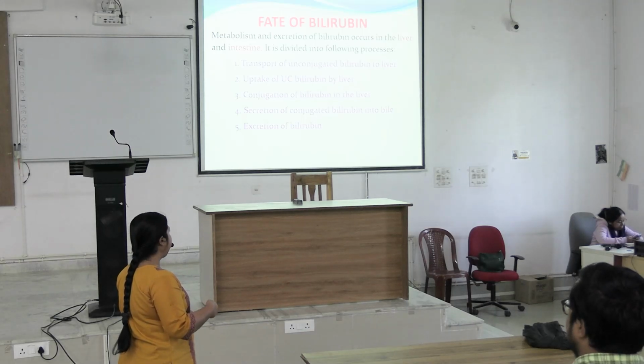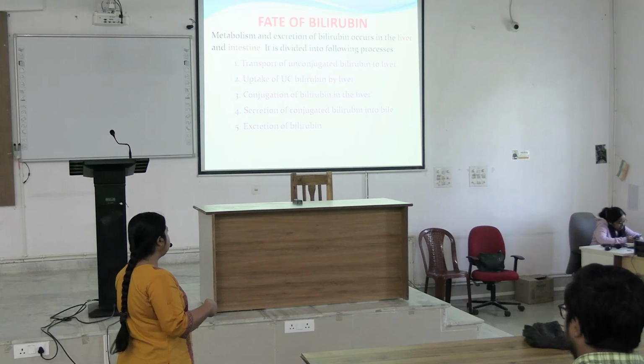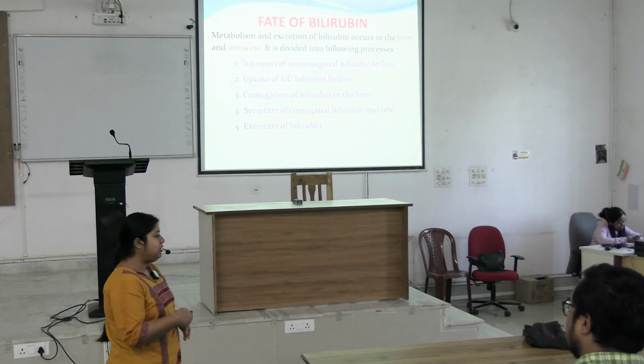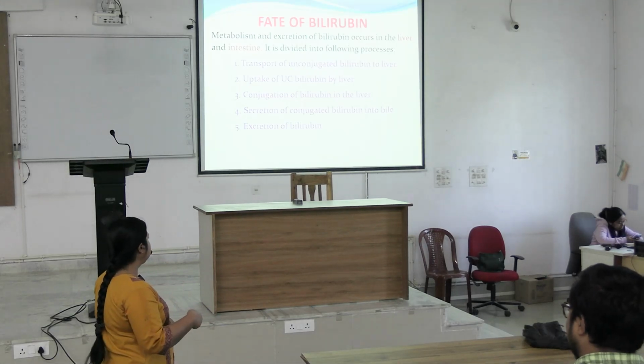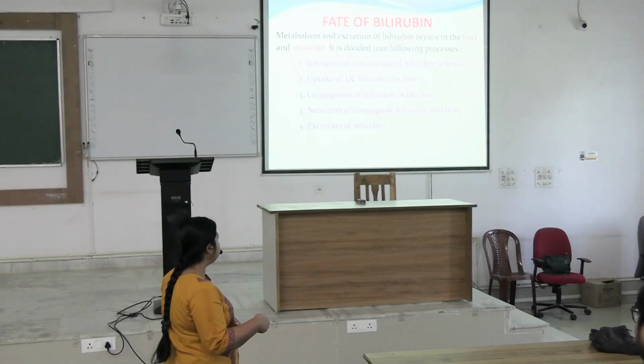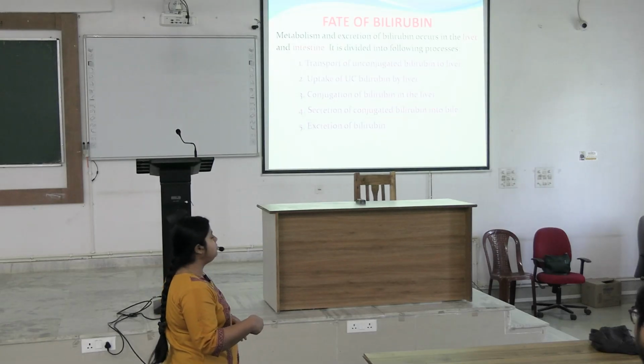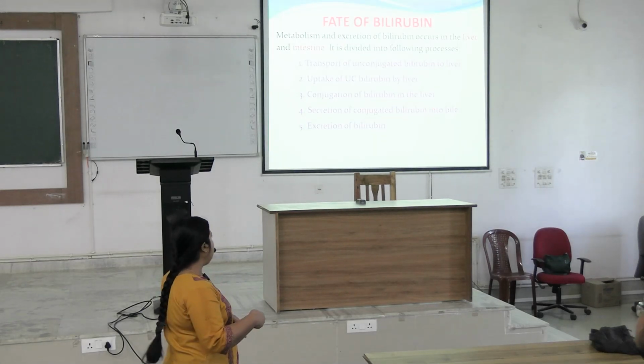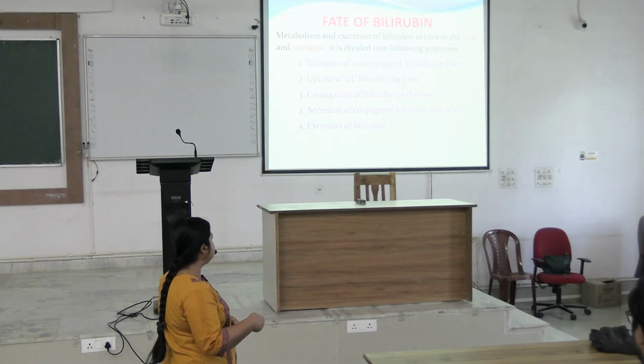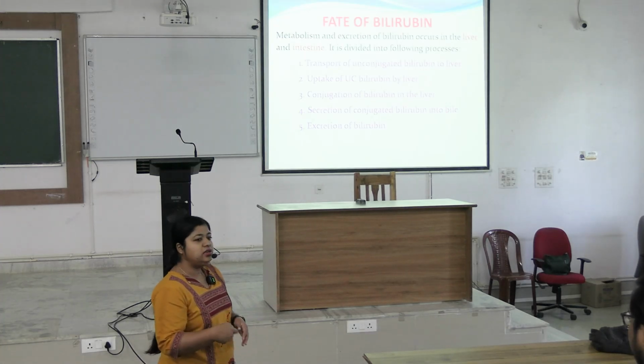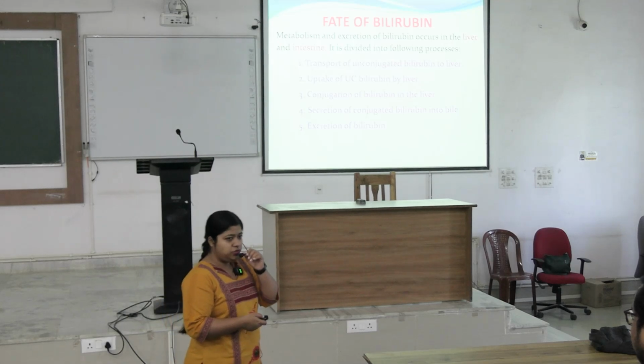Then the liver will take up that unconjugated bilirubin. There will be conjugation of bilirubin in the liver in the next step. Next, after conjugation, the conjugated bilirubin will be secreted into the bile, and after the bile is secreted, the conjugated bilirubin will be excreted through feces or urine.